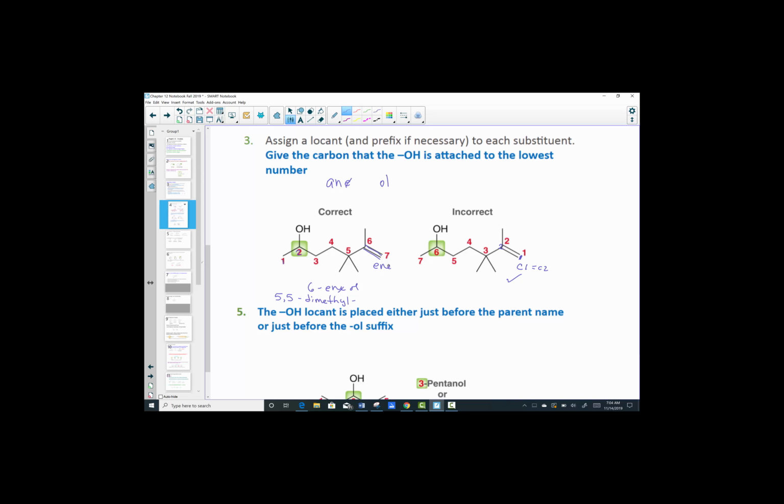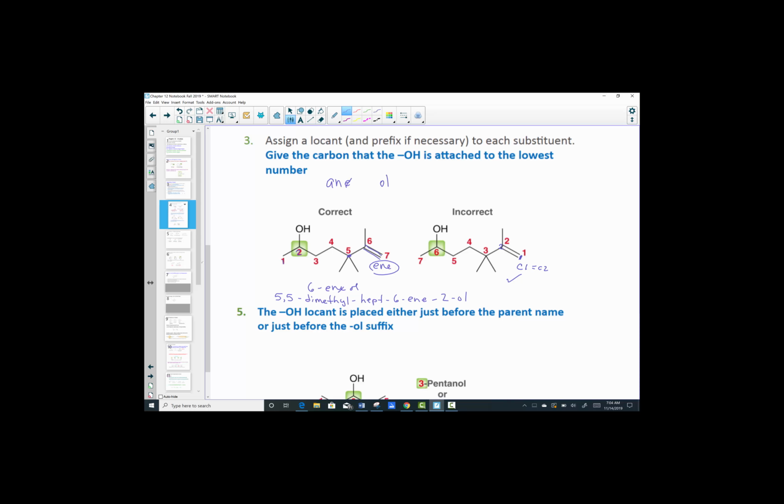And then notice here the dimethyl on carbon 5, that's still there just as substituents. You'd have a heptane, so this ENE, so we could say hept, and then you'd number it 6-ene, and then what you have is a 2-ol.